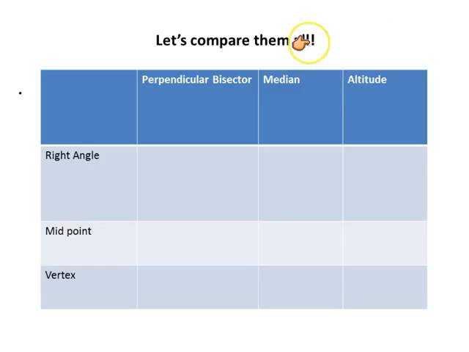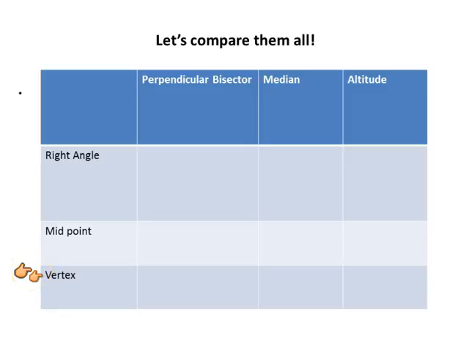All right, so let's compare them all. As you were paying attention, you probably noticed that there were 3 things we were chatting about when we were talking about all of our segments within a triangle: whether they intersected at a right angle, whether they intersected a side at a midpoint, and whether they intersected a vertex.